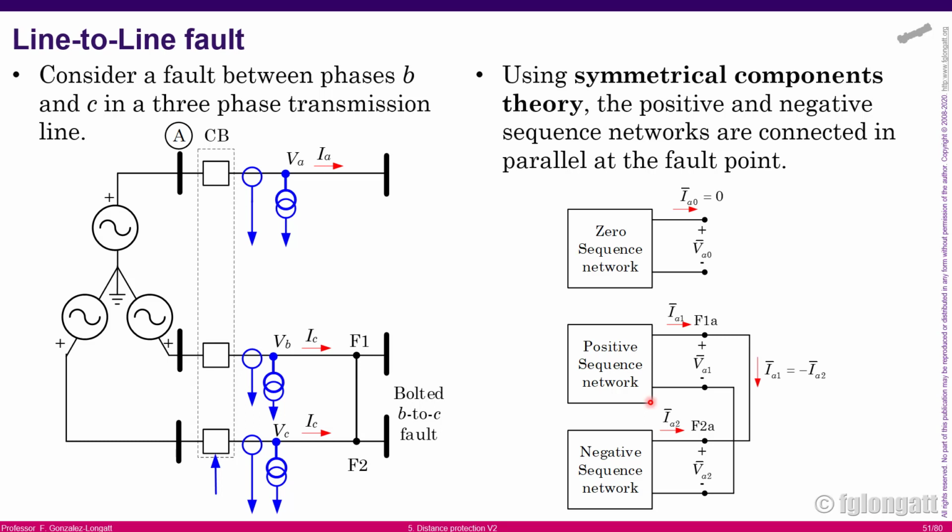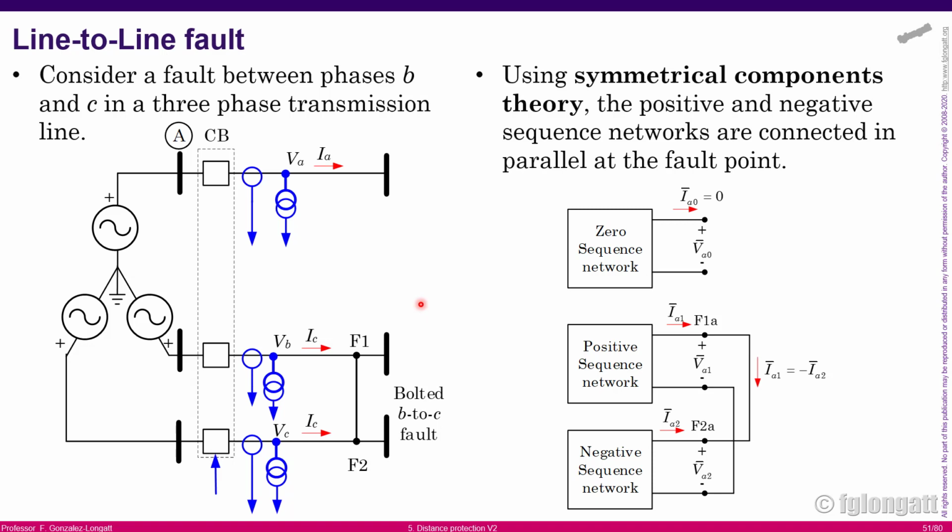Imagine that we have the three-phase system that we are showing over there on the left-hand side, and that is a three-phase circuit, and we have three CTs and three VTs, okay? But what is important is that we are inserting over there a shunt fault between B and C.